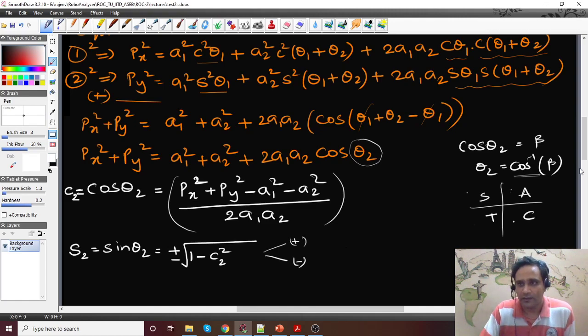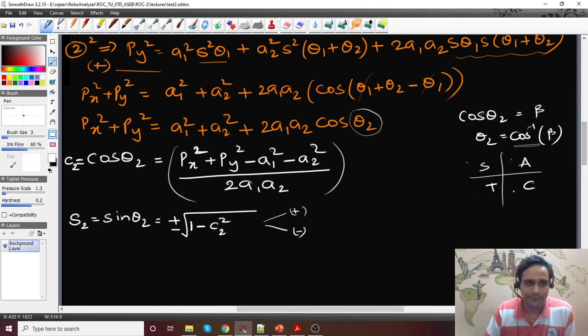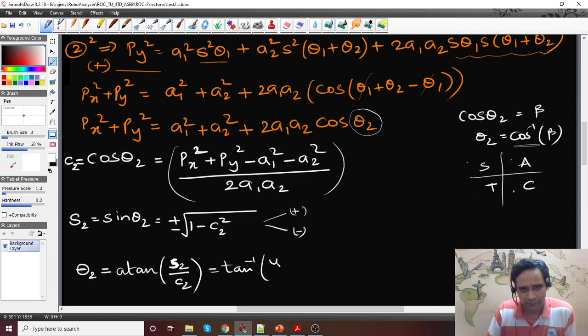Now the next step is, if we want to find the value of theta 2, we can use a tan inverse of S2 upon C2. That is nothing but sine theta 2 by cos theta 2, which is tan theta 2. So we can also call it tan inverse of y by x.